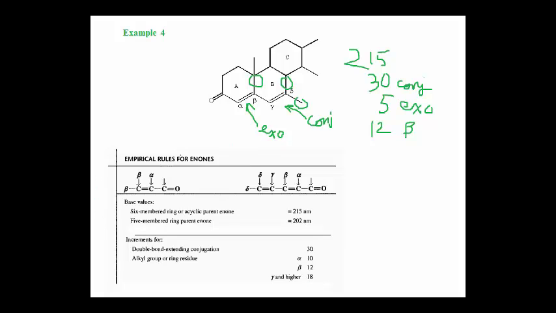These carbon substituents are on the delta carbon, higher than gamma, so for each of these that's 18 and 18, the delta alkyl substituents.